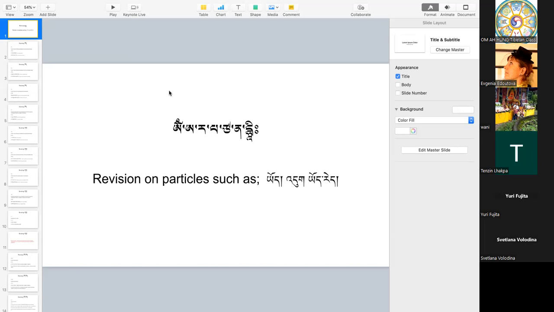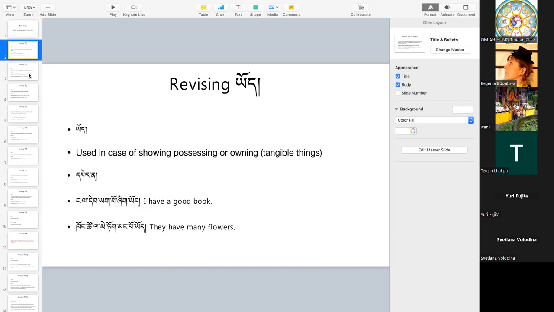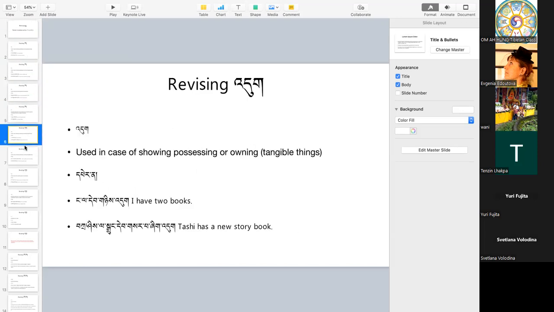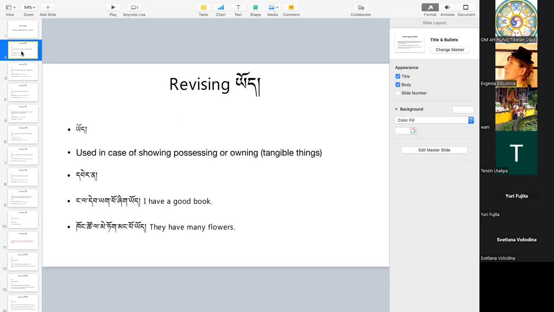Oh, this is the particle. How it functions, what are the usages, what are the exceptions, what are the arguments. So that is the difference between the grammar class and the basic conversation class. As we move on, we will focus on these things more, and we will study these things on the basis of the spoken language, and then we will add only the particles which are depicted, either directly or inferentially, in the text.